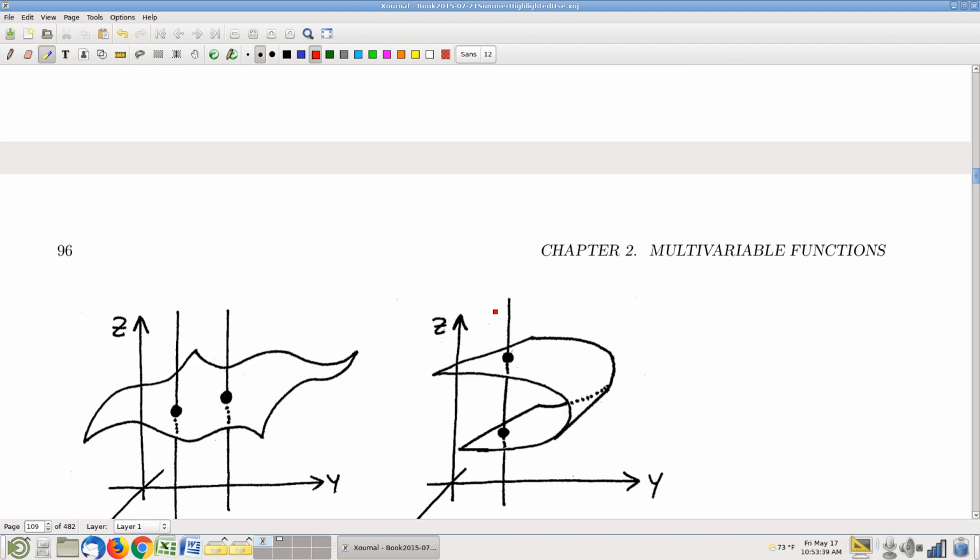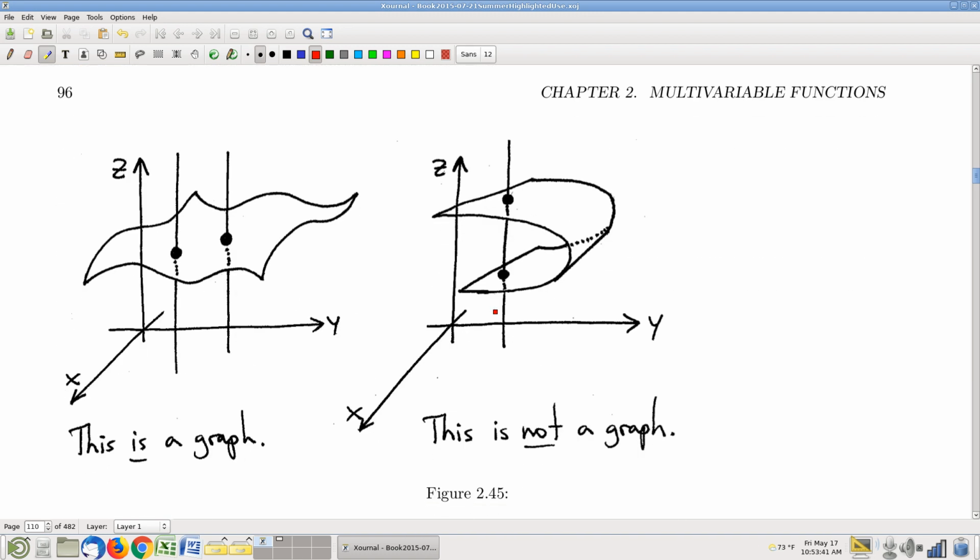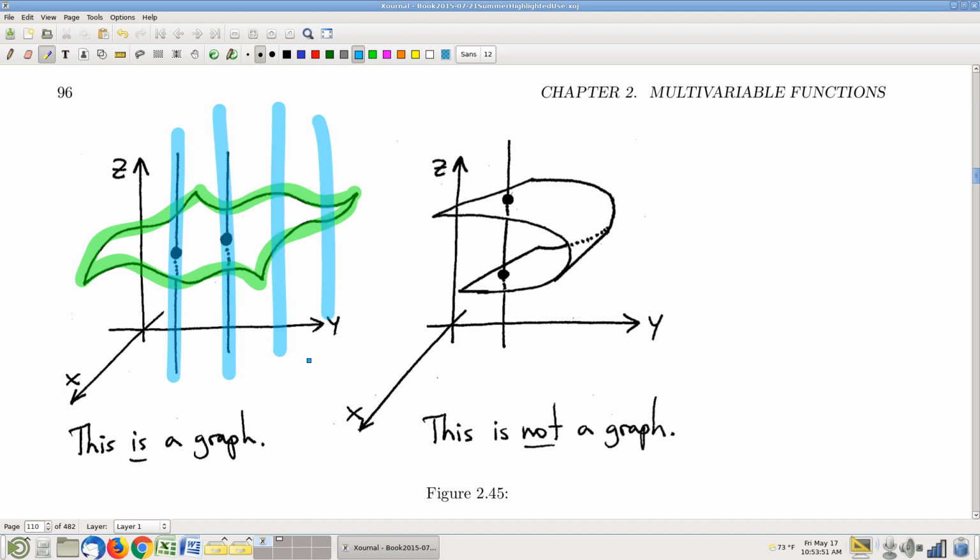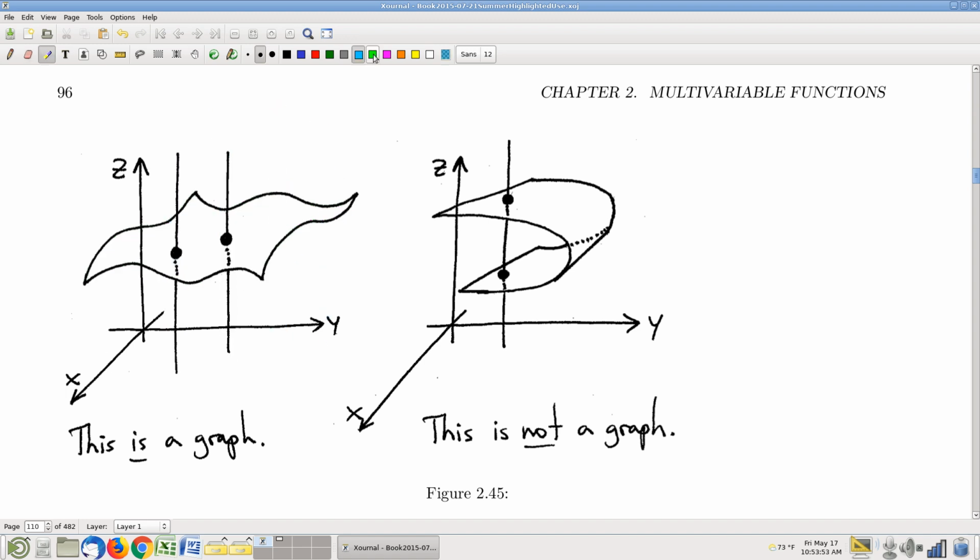Okay, here is the surface version of that. And it's totally analogous. This surface here passes the vertical line test. This surface here fails the vertical line test, by intersecting this vertical line twice.